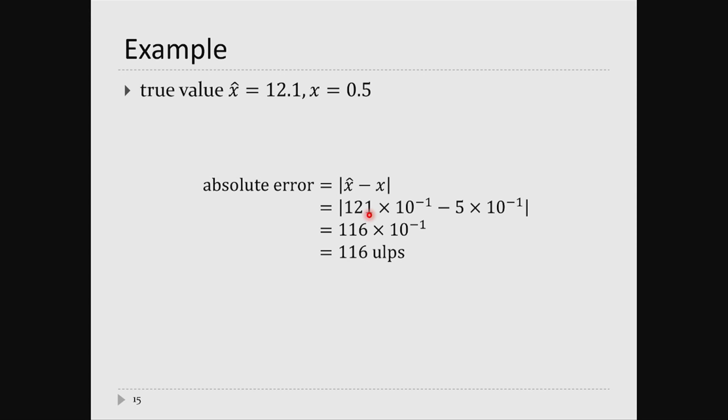But I have to now convert that to use the same exponent as the first number. So that's why it's written as 5 times 10 to the minus 1 here. Remember, I'm trying to compute the difference in the last digit of the significand of the two numbers. And that's 116 ULPs, which is quite large. So I'm 116 floating point values away from the true answer in this case.